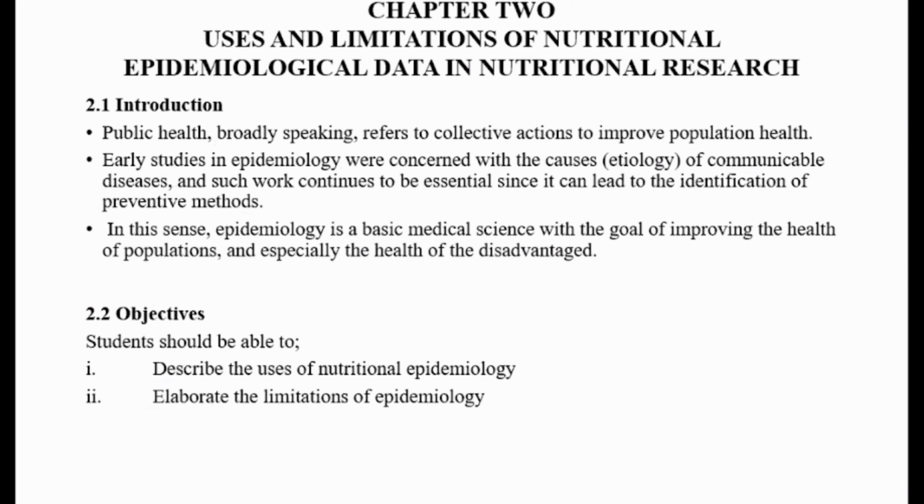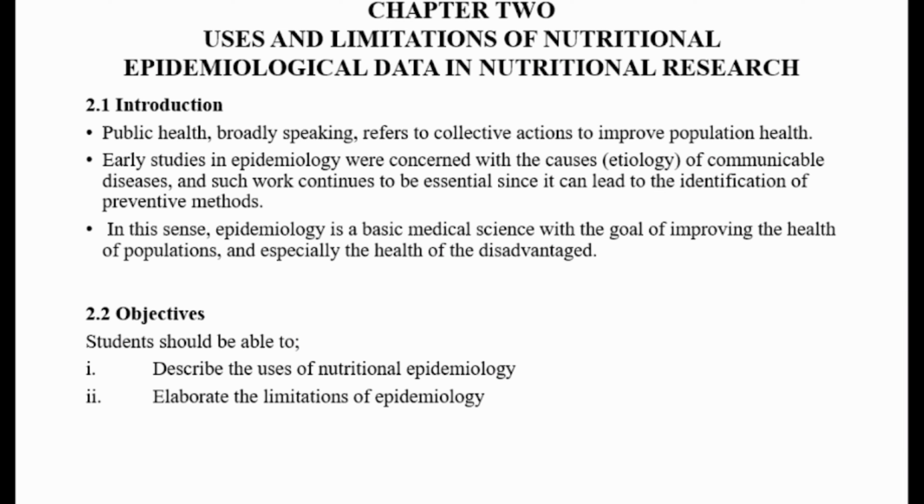So we're going to chapter 2, which is about the uses and limitations of nutritional epidemiological data in nutrition research. Public health, broadly speaking, refers to collective actions to improve population health. Early studies in epidemiology were concerned with the causes of communicable diseases, and such work continues to be essential since it can lead to the identification of preventive methods.